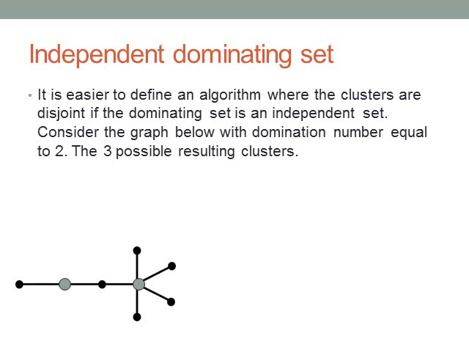So we can decide whether we want to use an independent dominating set because we want to have a cluster partition, or if that's not necessary, then we wouldn't necessarily want to take an independent dominating set. But let's see what happens in this case. There are variations on the algorithm.